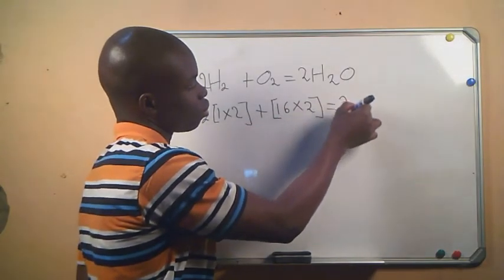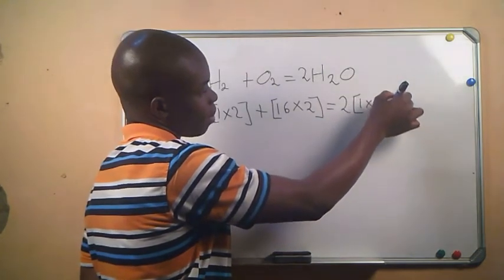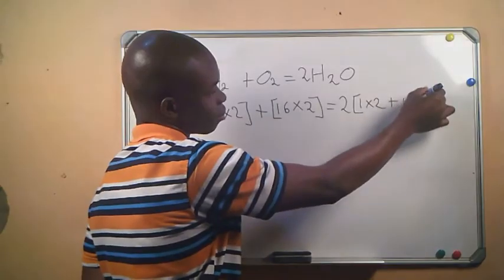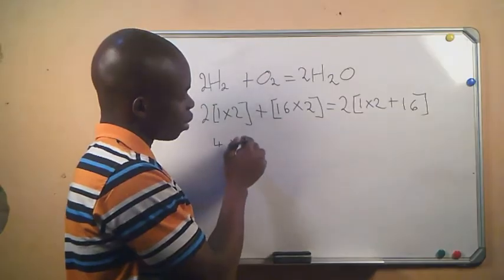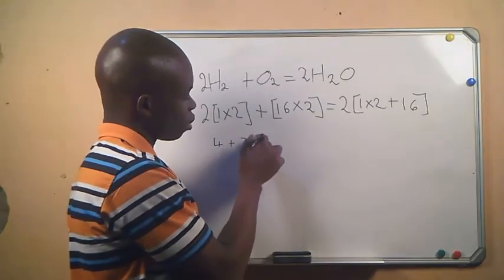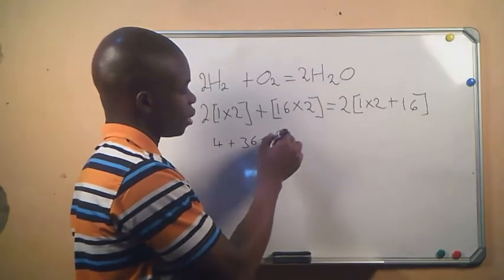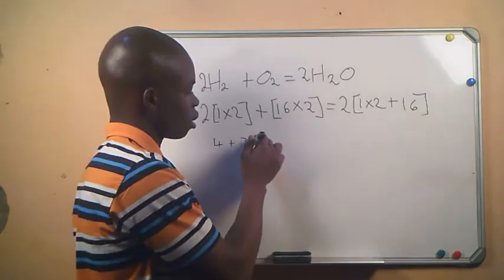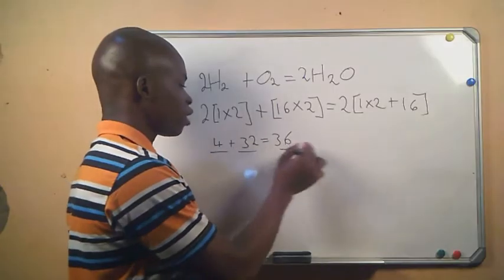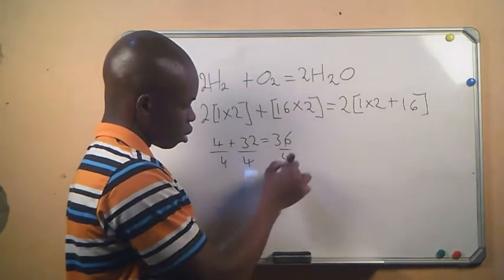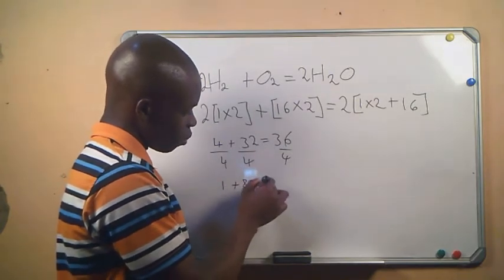So it equals 1 times 2, which is 2, plus 16 times 2, which is 32, and then we get 36. After, we divide throughout by 4. Here we get 1, then 8, and then 9.